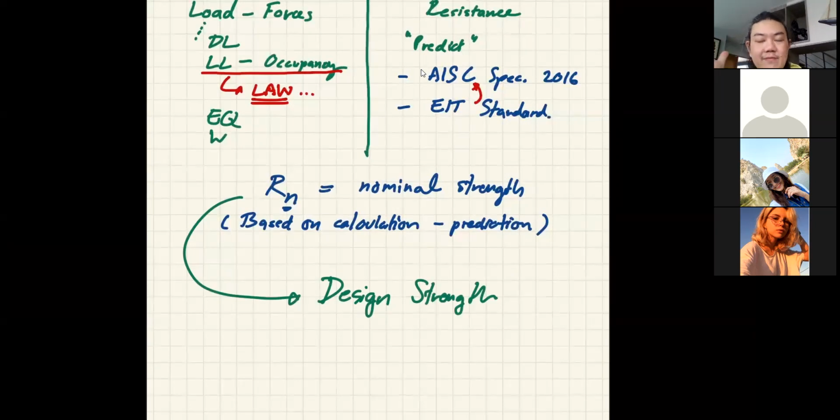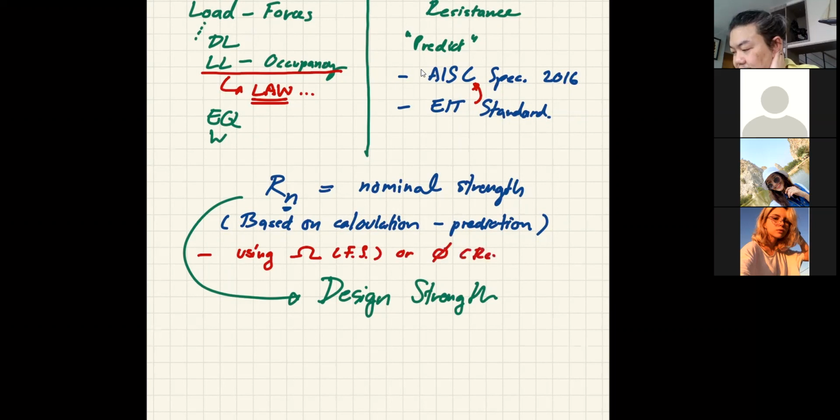But you cannot use that nominal strength, the calculated strength, the predicted strength, to design the structure right away, because it's not safe. You need to turn that number into what we call the design strength by using what we call omega, this is factor of safety, or phi, this is reduction factor.